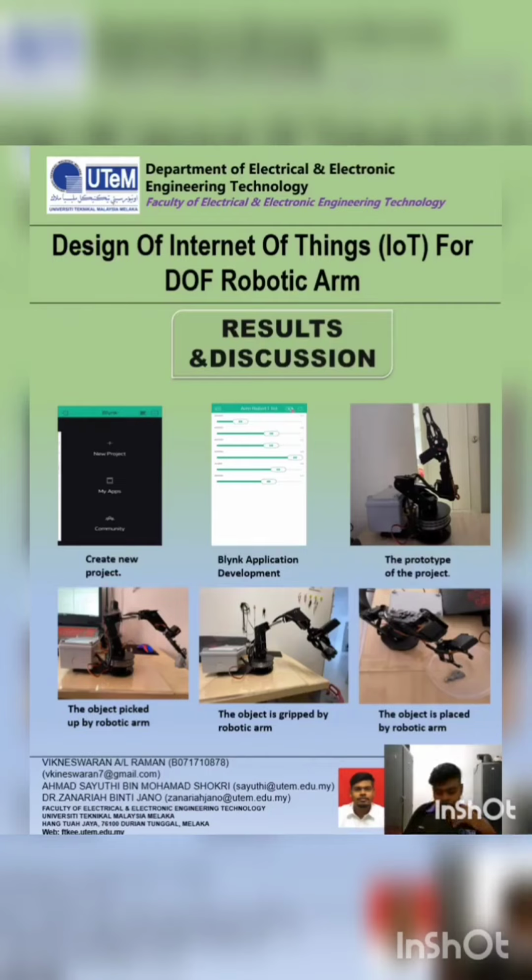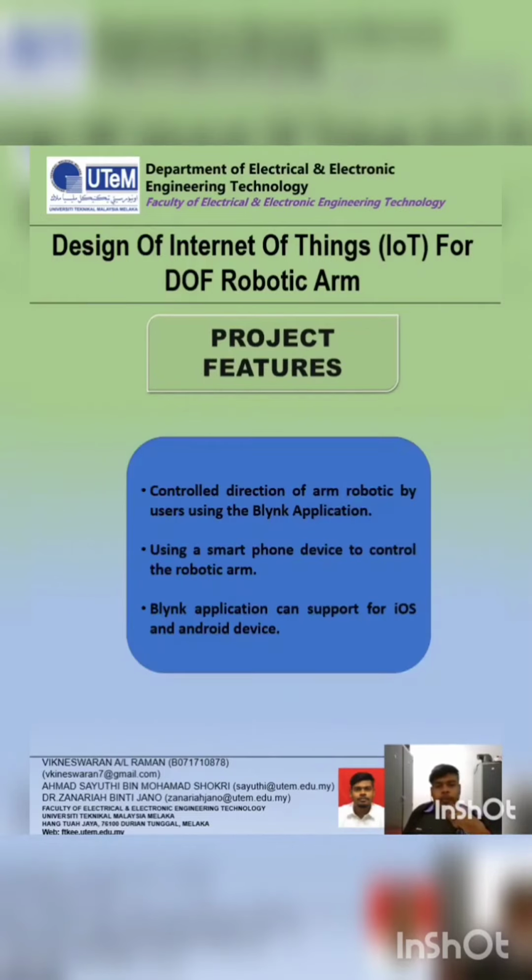The robotic arm will move in the direction controlled by Blynk, grip the object, and place it from one side to another side using the Blynk application. Okay, besides that, project features.